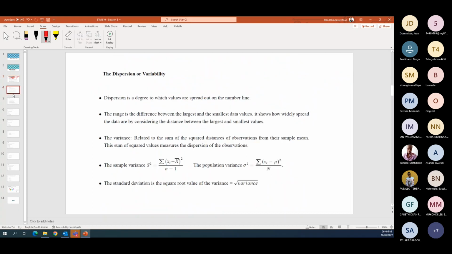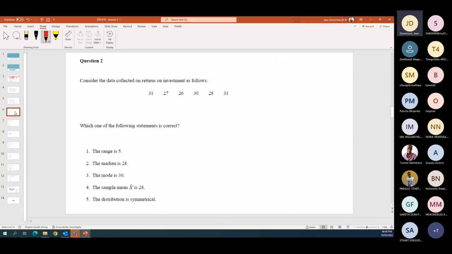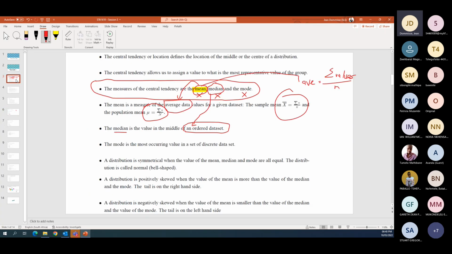If we needed to work out the mean here, you sum all the values and divide by how many there are. I'll show that now in a practical example for you.